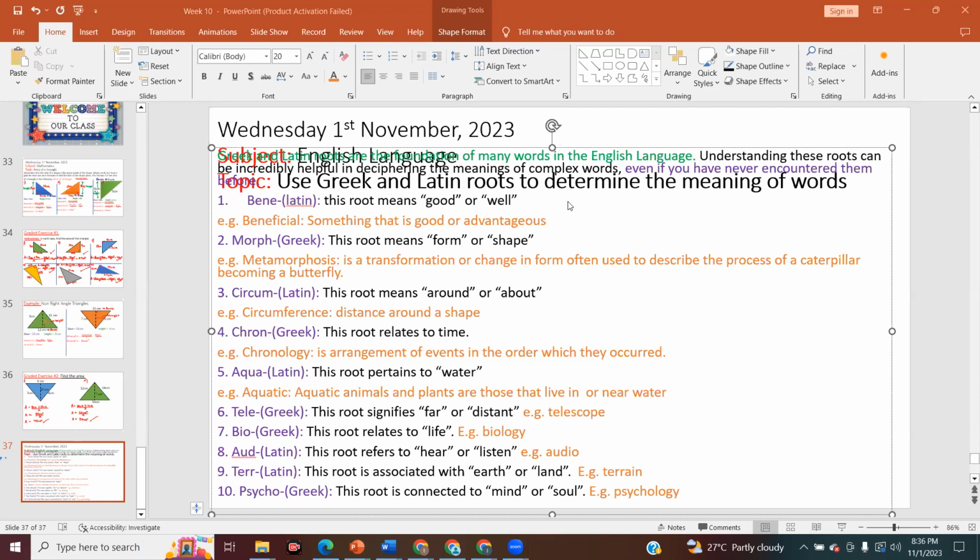Good one. Chai says terrorism. Tia says biopsy, very good. Letitia says biodegradable, good. Hayden says telephone. Jessica says circumlocution. I never heard about that word before. Marnie says psychosomatic. You don't have to go to Google for this, right? Just think of a word. Chronicles, aquamarine. I like that one, audacity.